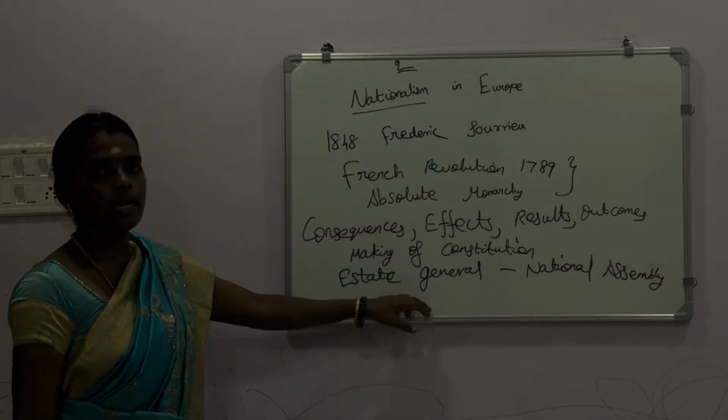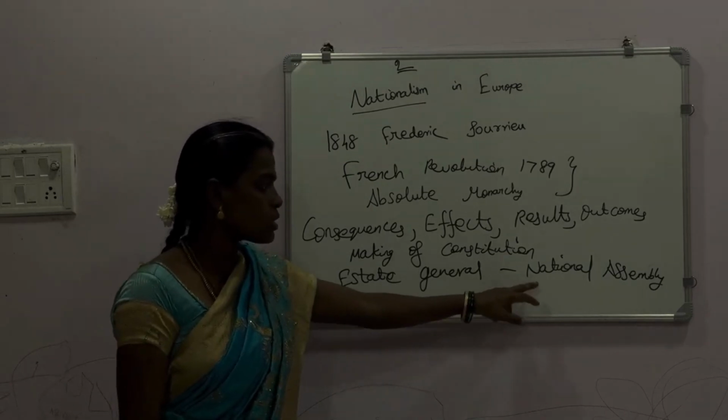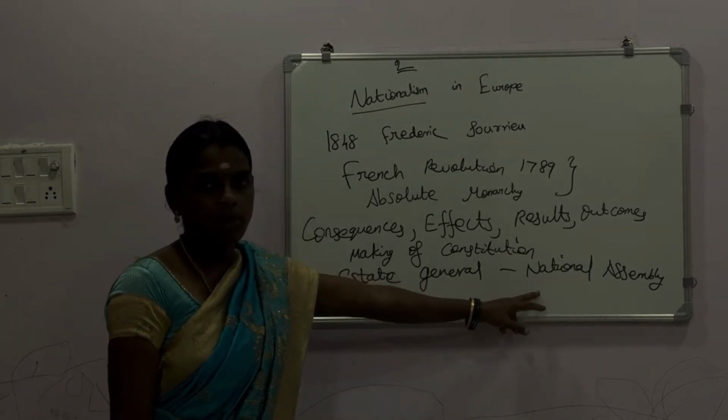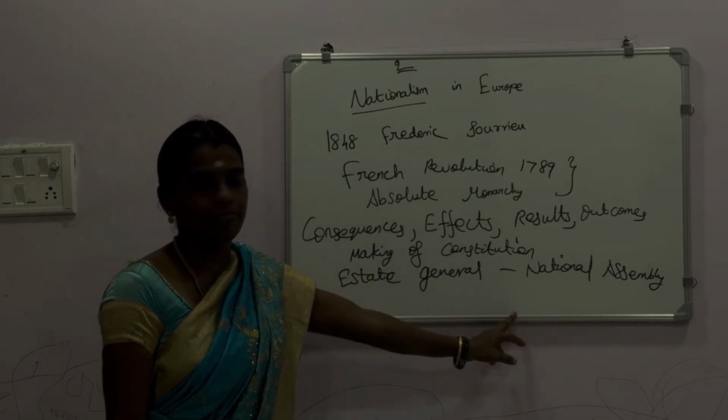So the Estates General was elected by the citizens of France, but later on it was known as the National Assembly. Just like we have the parliament and the legislative assembly, it is a kind of assembly.